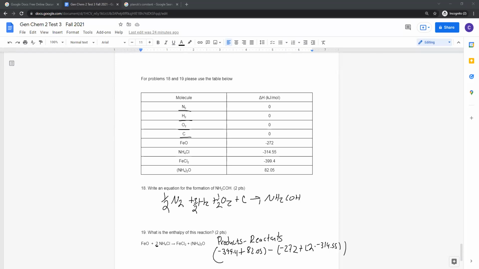So let me do that really quick here. 399.4 plus 82.05 minus negative 272 plus 2 times negative 314.55.